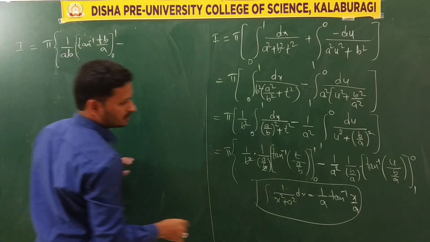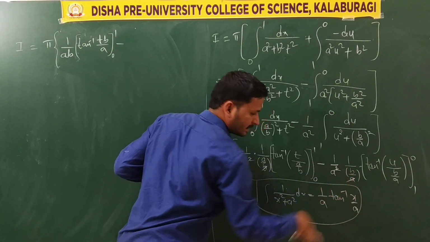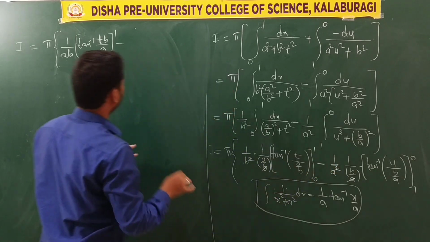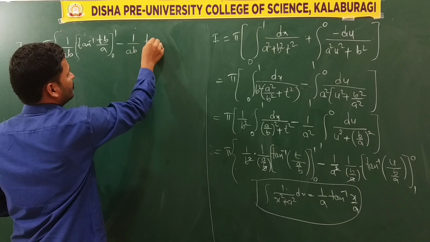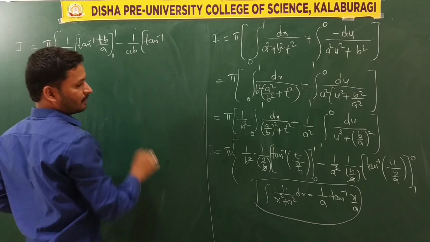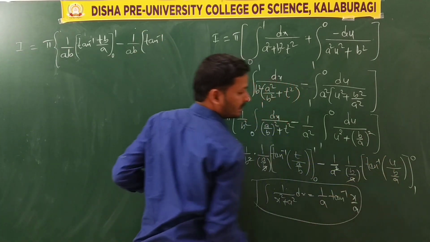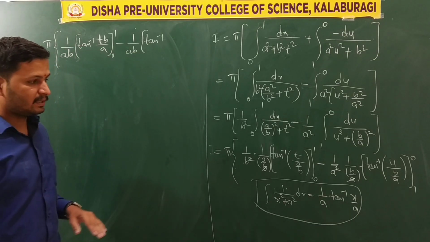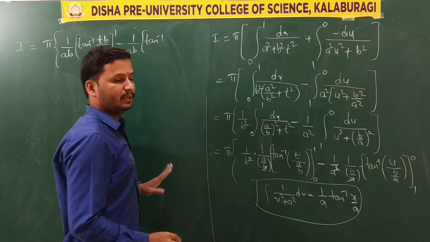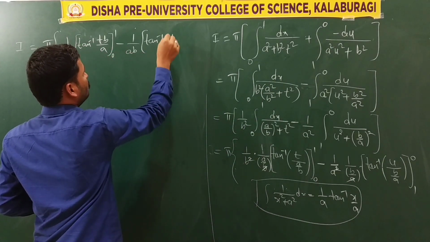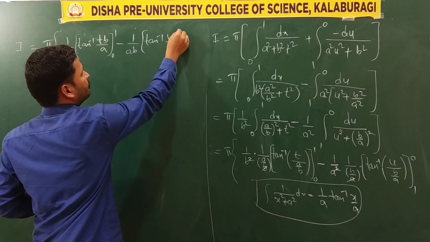Next minus, here again 1 by a and a cancel, so 1 divided by ab, and the remaining is again tan inverse of u divided by b by a, that is u into a divided by b.